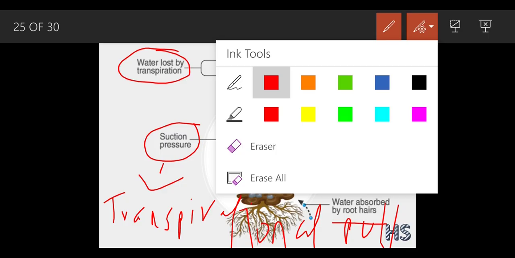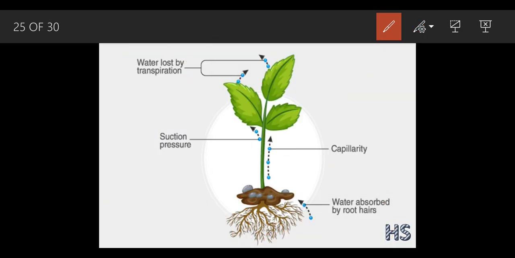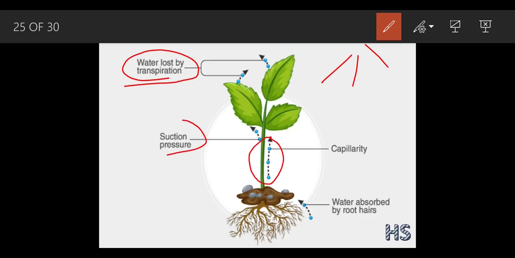Suppose, let's assume a condition, if the water lost by the leaves is very high in nature, what is going to happen? There would be pressure created inside this stem. Okay, there would be pressure created inside these stems. So what is the function of this pressure and why is it also called the suction pressure? There is one reason for this. What is the function of this suction pressure?